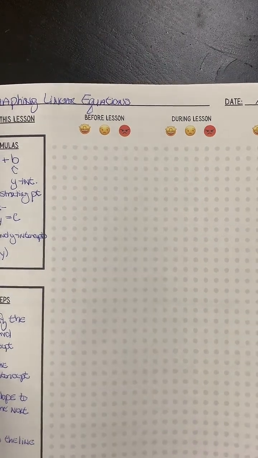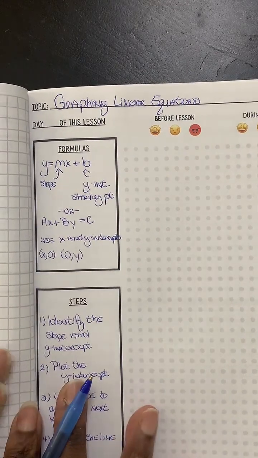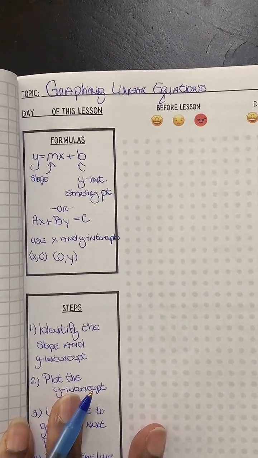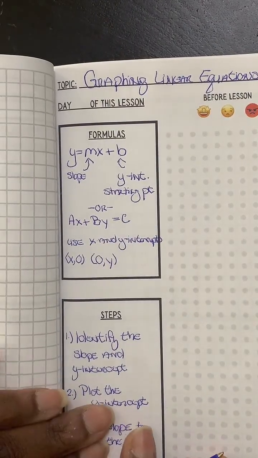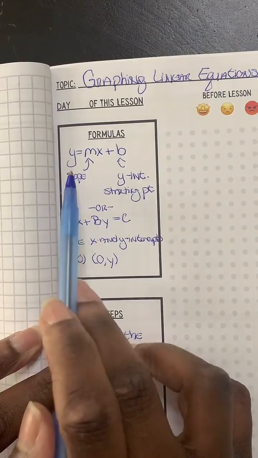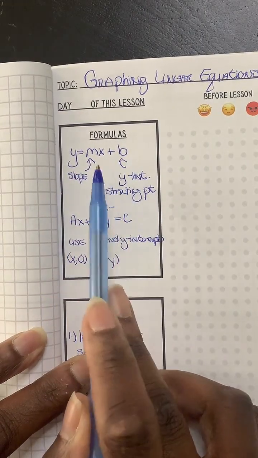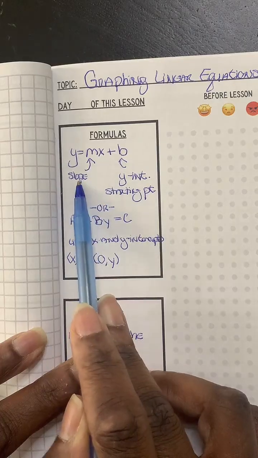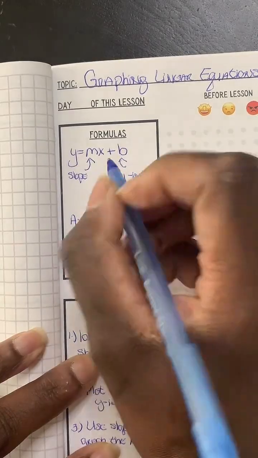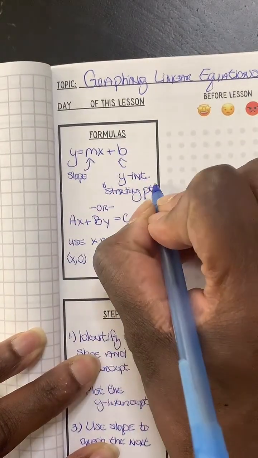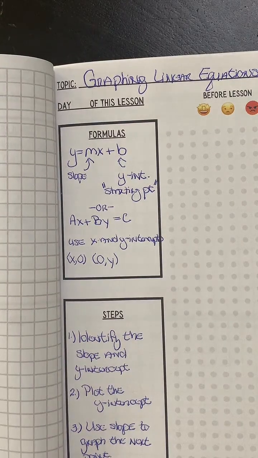As we take a look, if we can remember our equation of the line, that's y equals mx plus b. Your m is your slope, your b is your y-intercept, and it's also known as your starting point. That's where you start on the graph.